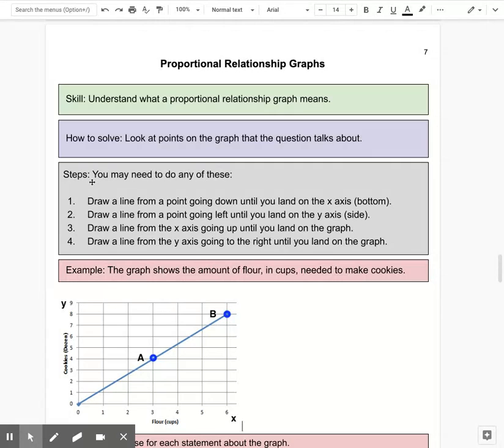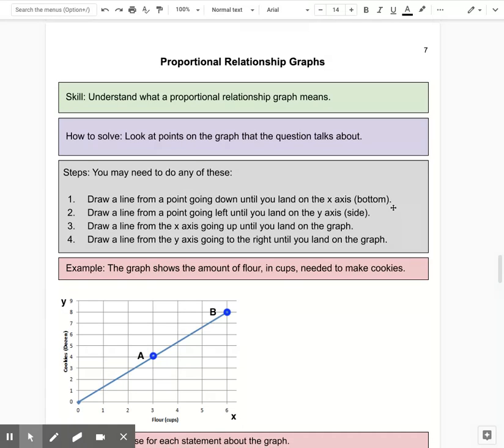Steps, you may need to do any of these. Step 1, draw a line from a point going down until you land on the x-axis or the bottom. Step 2, draw a line from a point going left until you land on the y-axis.